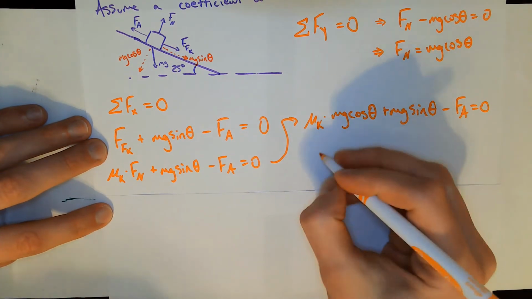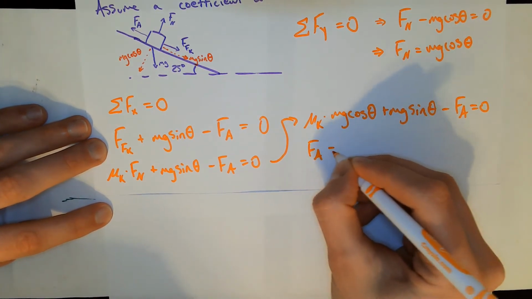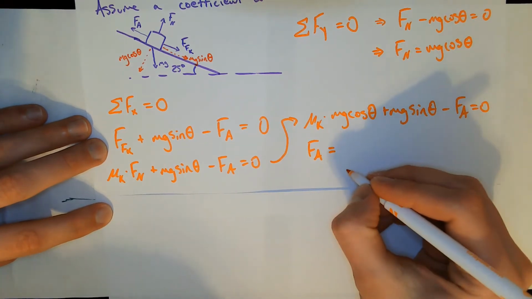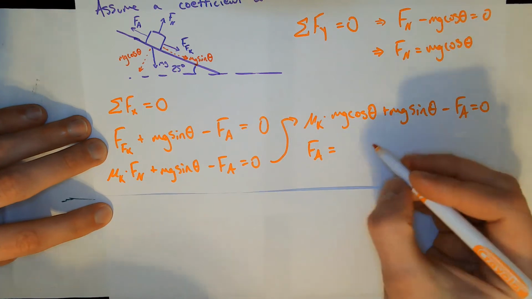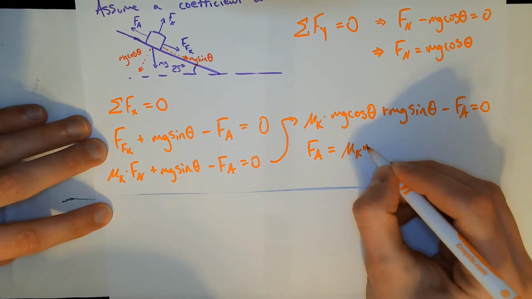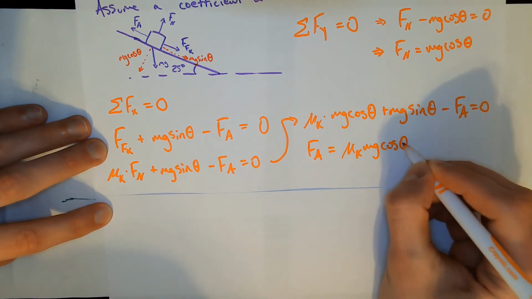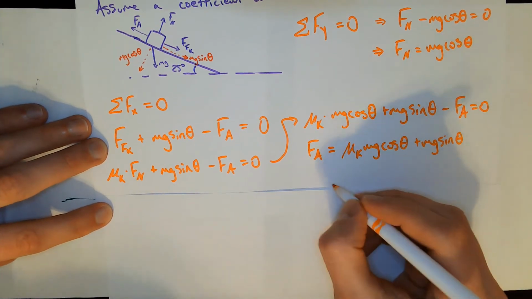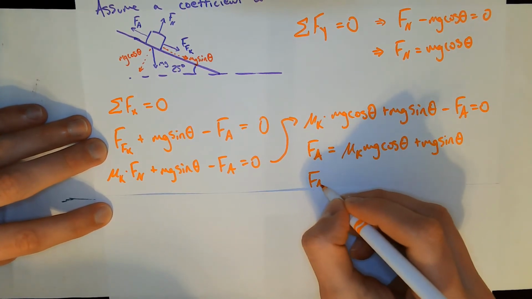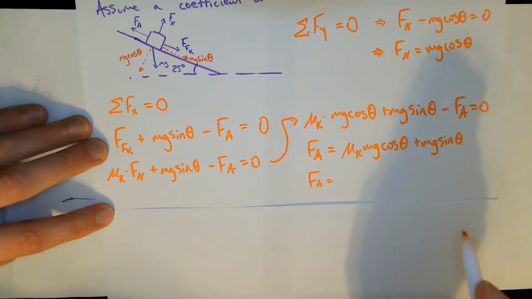Finally, my applied force should be equal to this, right? Just adding applied force over, flipping the equation over. Mu sub k mg cosine theta plus mg sine theta.